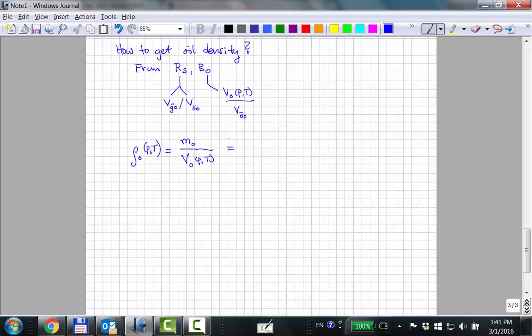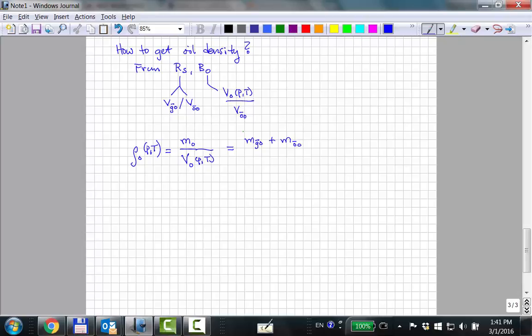The mass of the oil, where does it come from? It comes from the mass of the gas in solution in the oil plus the mass of the component oil in the oil phase.